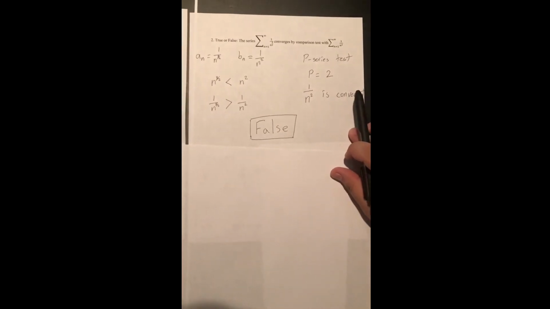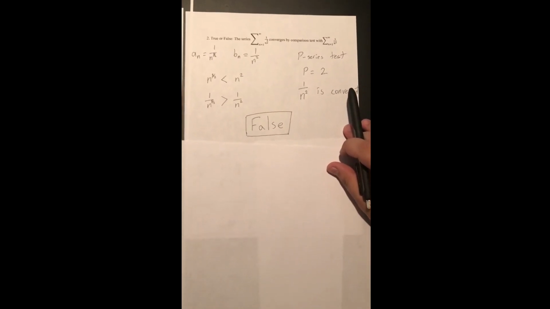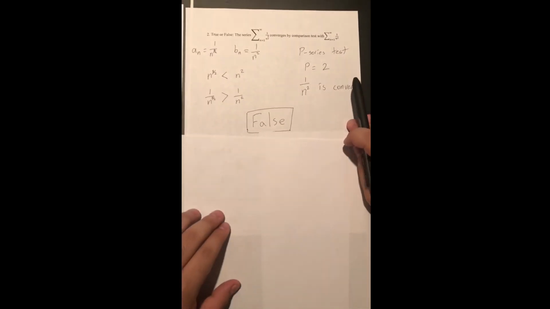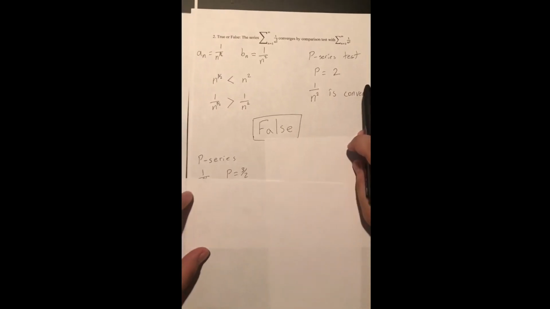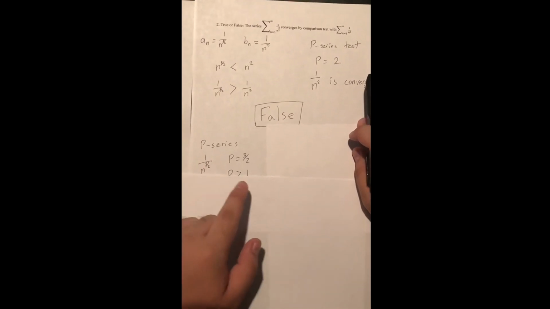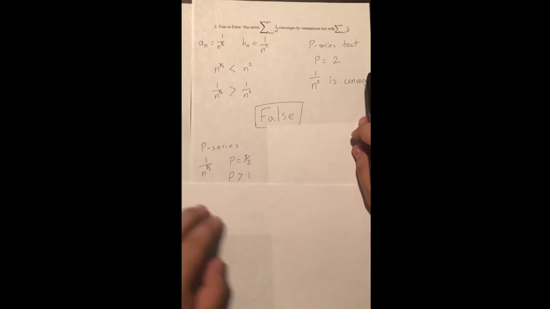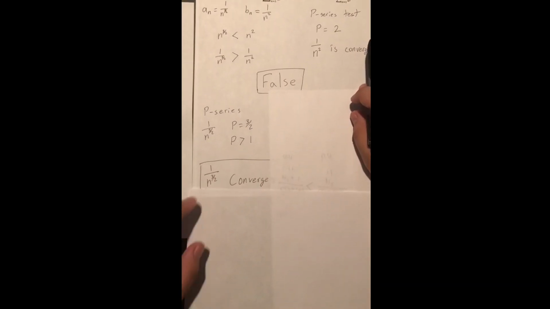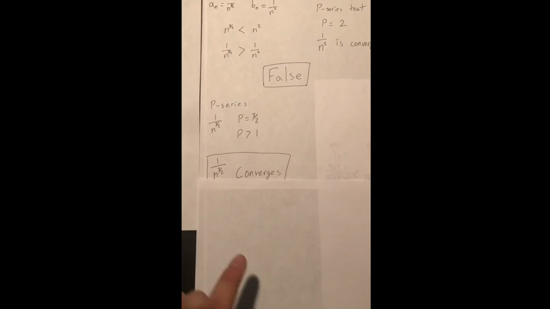To find if an converges or diverges, we can use the p-series test again. For 1 over n to the power of 3 over 2, p will equal 3 over 2, which is greater than 1, which means 1 over n to the power of 3 over 2 converges.